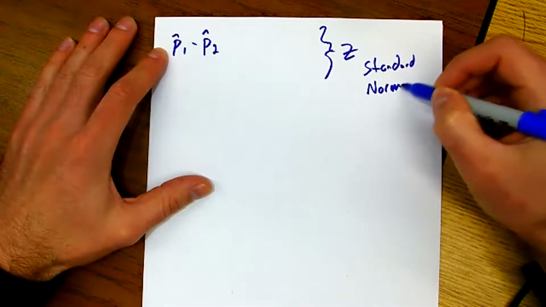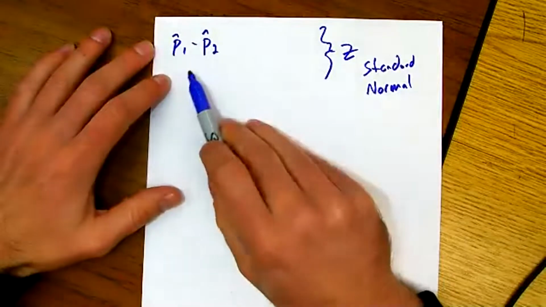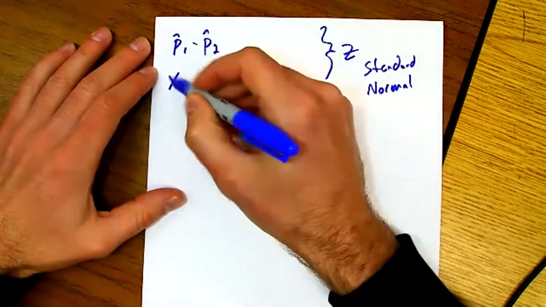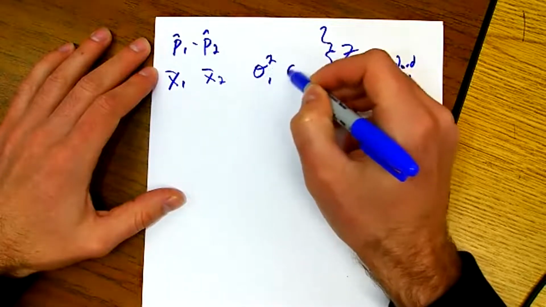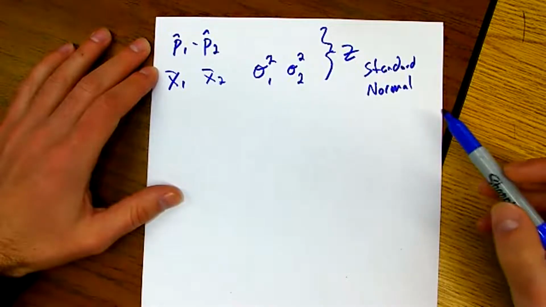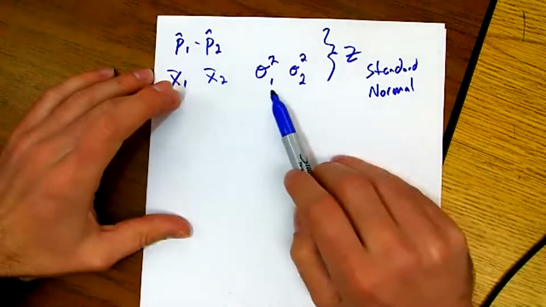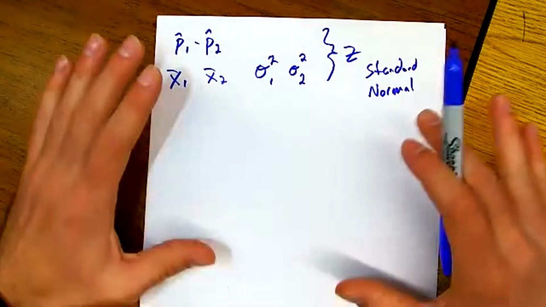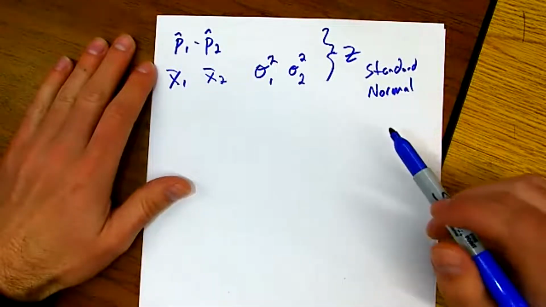So I'll use the standard normal tables when I'm looking up critical values or my p-value when I've got proportions. The only other time that we can use the standard normal distribution is if I'm given population variances, a known population variance. For critical values and building confidence intervals, always use that standard normal, the Z table.